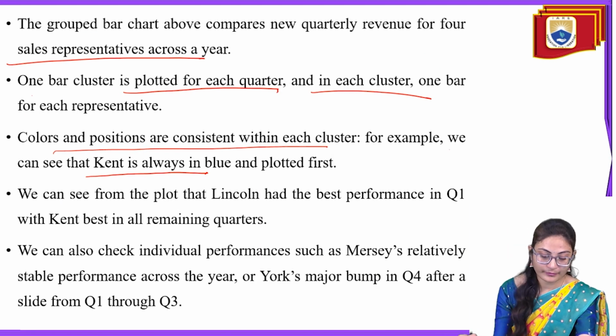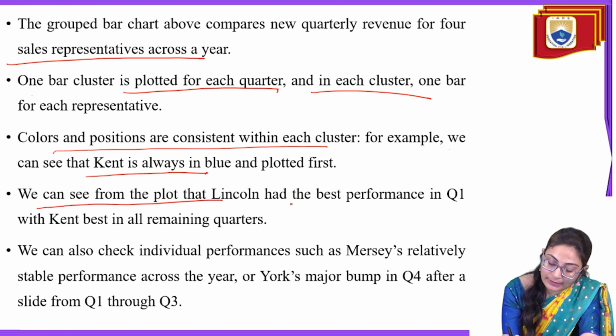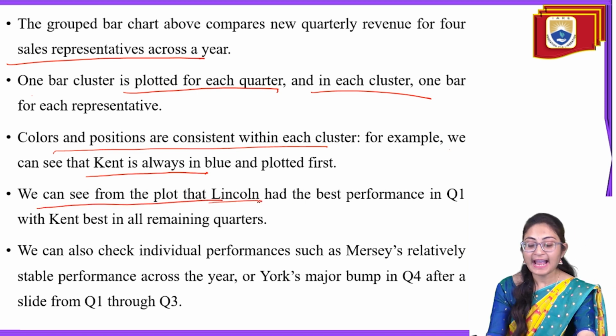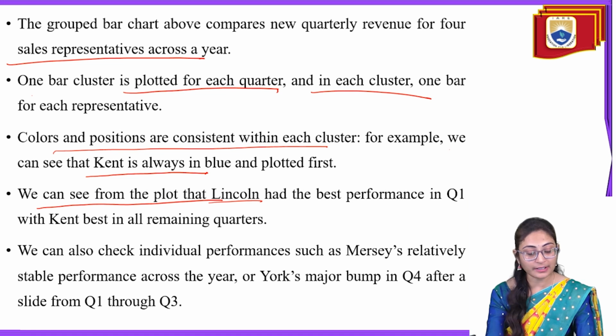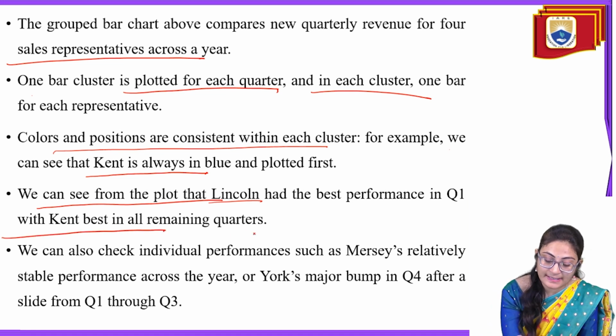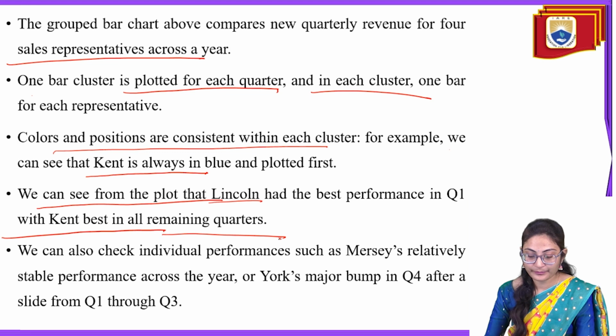Then we can see from the plot that Lincoln had the best performance in quarter 1 with Kent best in all remaining quarters.